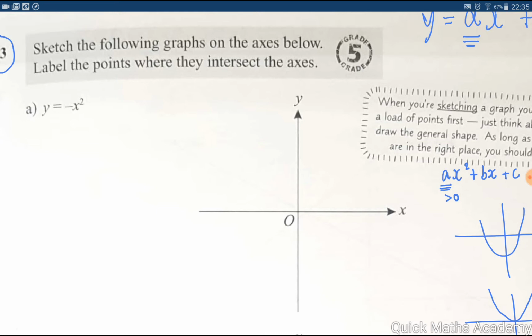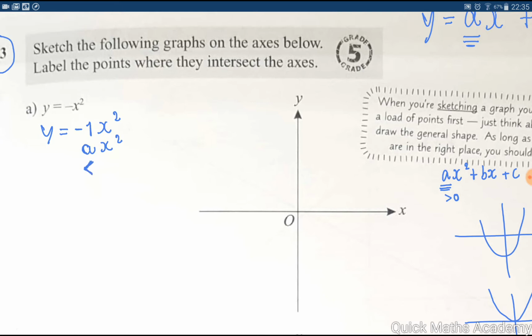Okay, so what is this? Minus x squared. This is the same as having minus 1x squared. So this is my a, ax squared. And what is my a? My a is negative.